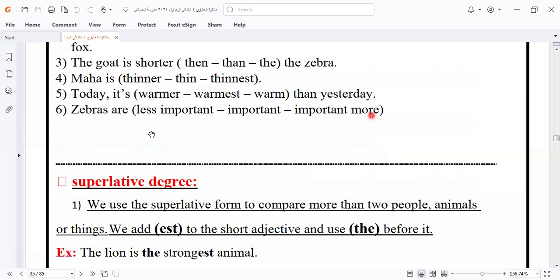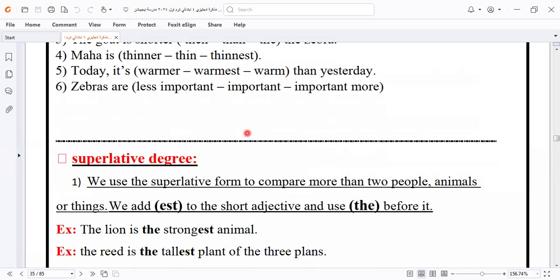Zebras are what, important? So I select this one. Sorry, here it is: Maha is thin. Okay, I made a mistake here. Here we have Maha is thin. Today it's warmer than. Zebras are important.